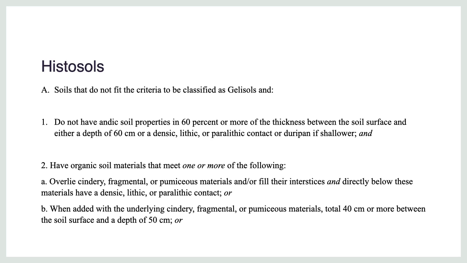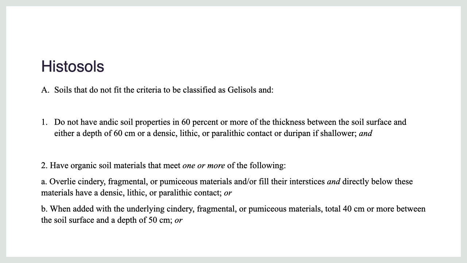First of all, to be a histosol, that specific soil does not have an indic soil property in 60% or more of the thickness between the soil surface and either a depth of 60 centimeters or a densic, lithic, or paralithic contact, or a duripan if they are shallower than 60 centimeters.